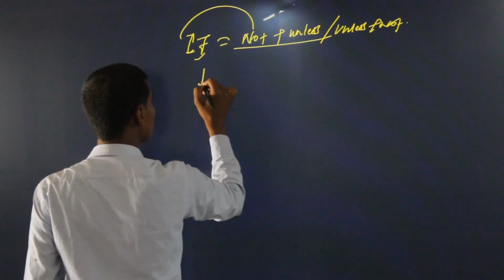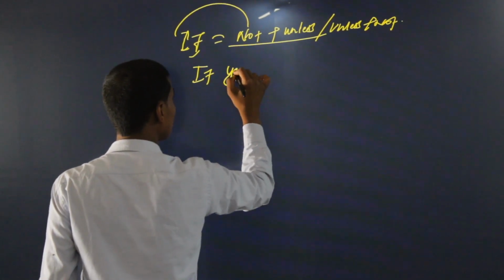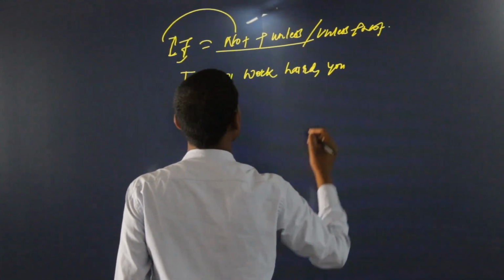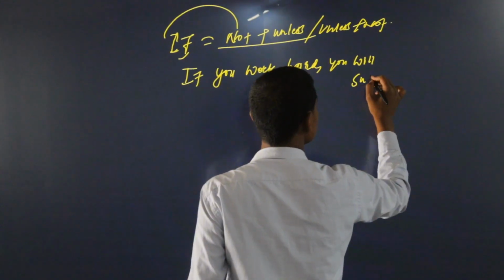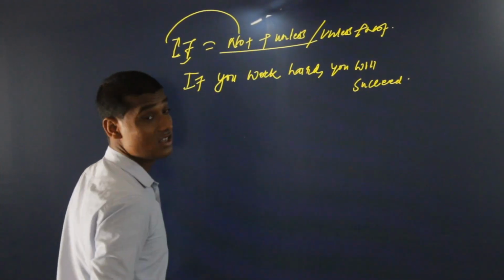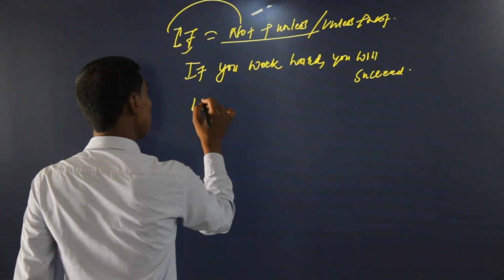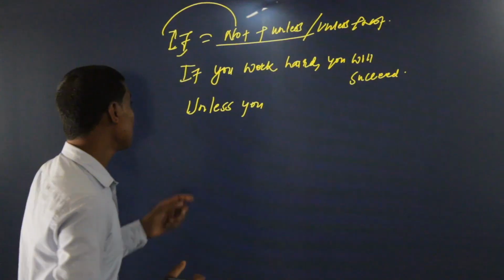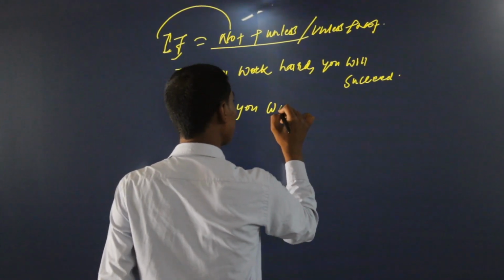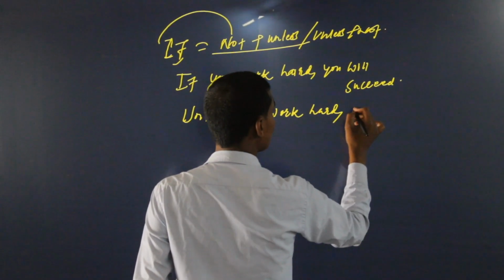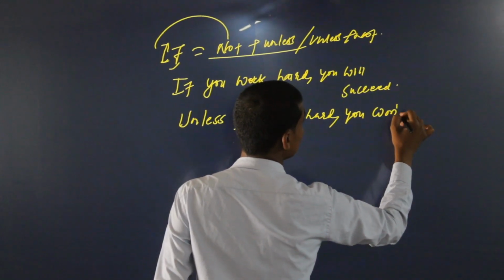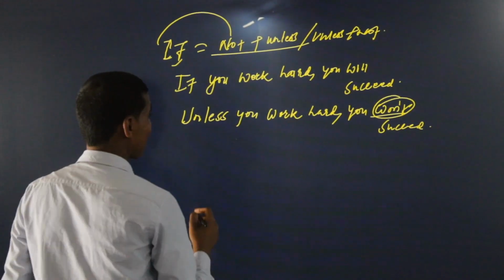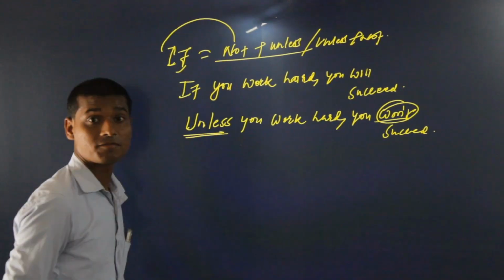Example, if you work hard, you will succeed. Now we can change it using unless plus not. Unless you work hard, you won't succeed. This is also a term of common error. This is where we have used not, and this is where we have used unless.